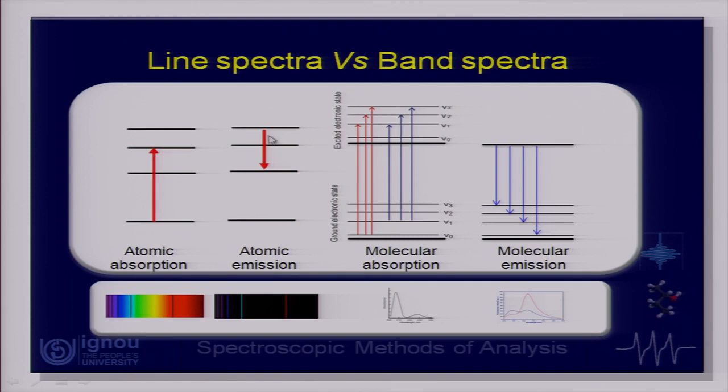Similarly, in atomic emissions, the system to begin with is in a higher energy level, and it can come down to this level or this level or this level. All these delta E values, emitted as radiation, will show up as lines. That is why we get line spectra in case of atomic systems.